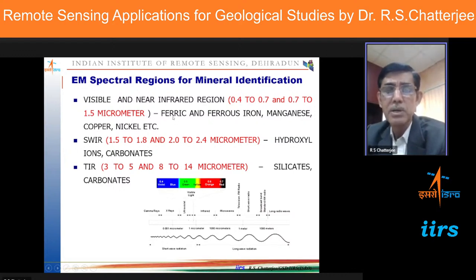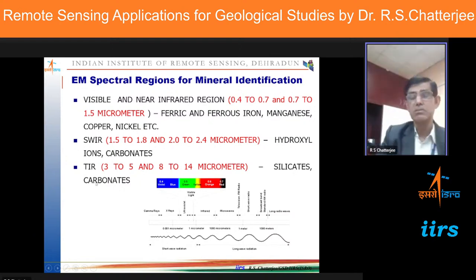Here you can identify ferric and ferrous iron, manganese, copper, nickel, this kind of minerals. Whereas in the SWIR band, 1.5 to 1.8 and 2.0 to 2.4 micrometers, hydroxyl ions and carbonates can be prospected well. They can be identified using their spectral properties. Whereas in the thermal infrared, as I already told you, 3 to 5 or 8 to 14 micrometers, silicates and carbonates can be identified.